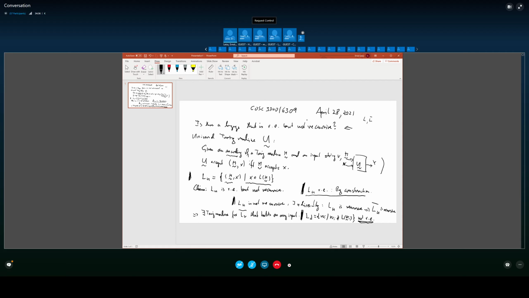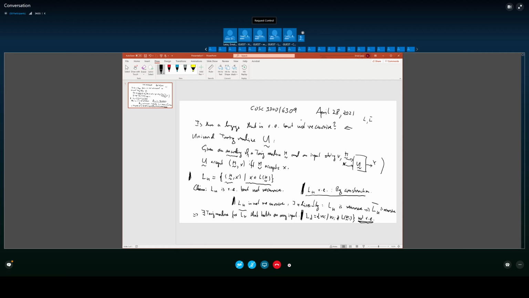And this is precisely the situation that we're encountering here. L sub U is essentially the complement of L sub D. L sub D is not recursively enumerable.